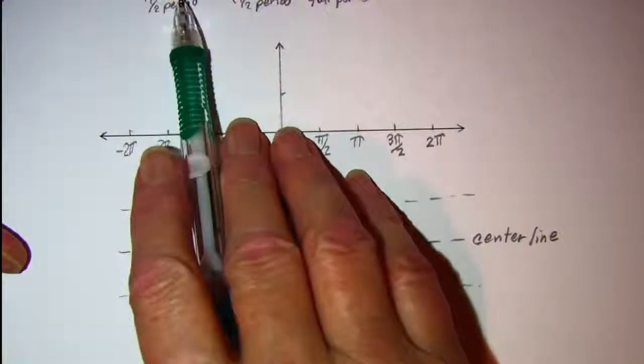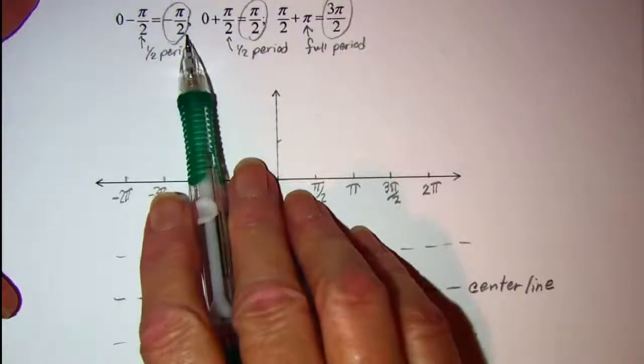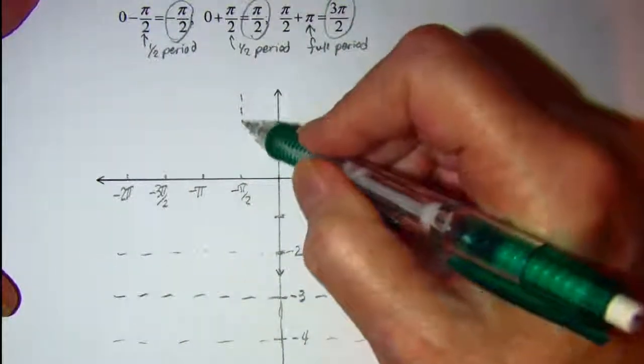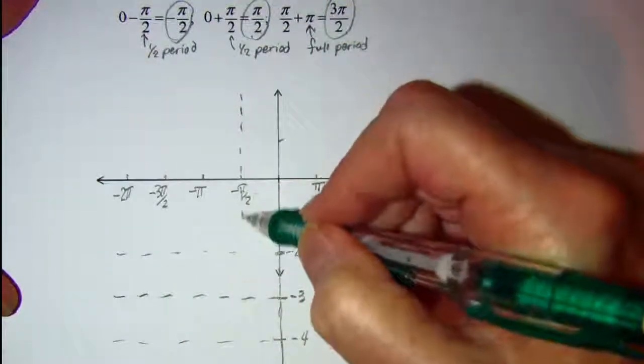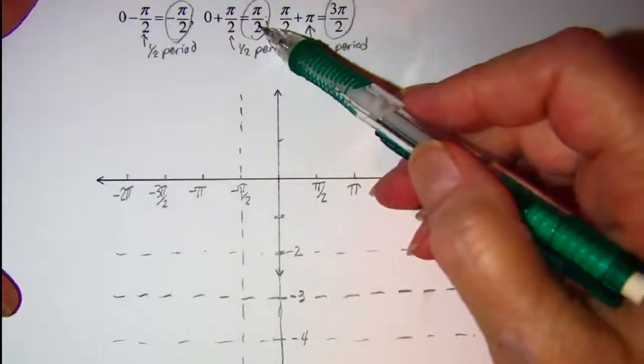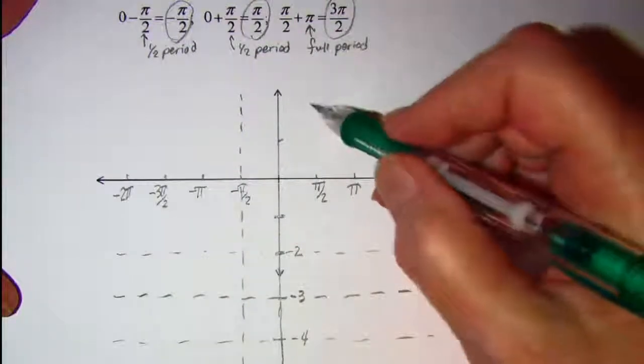And we have asymptotes at negative pi over 2. So let me draw those in. And another one at pi over 2.